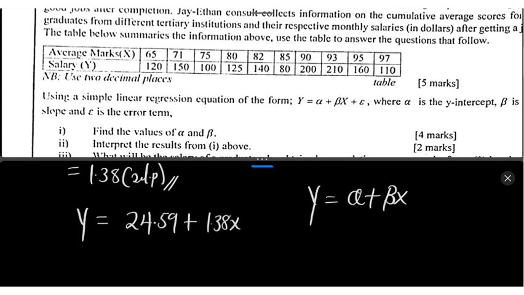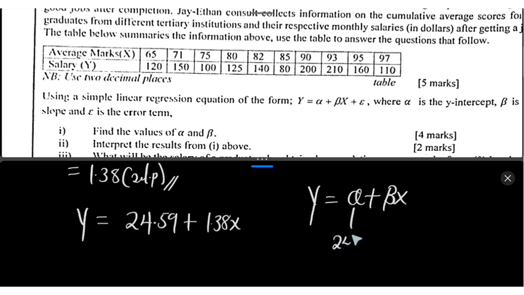By y-intercept, we mean that when we substitute x to be equal to 0, the result should be equal to alpha. So 24.59 is the constant value or the intercept of y in the equation.